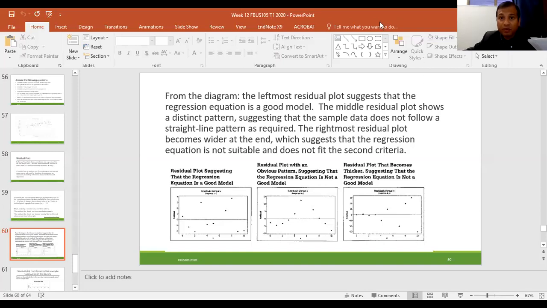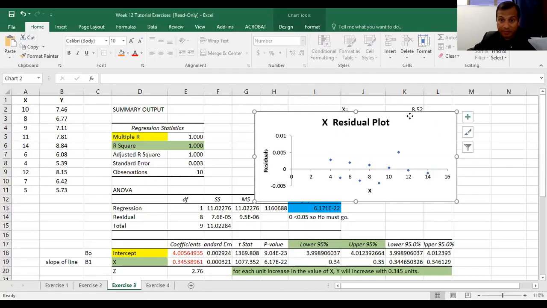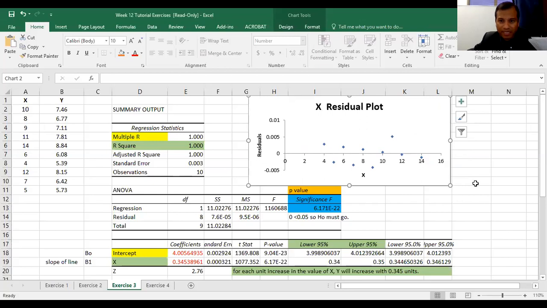So with that note, look here. We have a residual plot for this one. Think about it: 1, 1, 1, 1, 1, 1, then 2 points down and 2 points up. Not 100%, but it appears that way to me as well. Based on the residual plot, is the regression equation a good model for the sample?